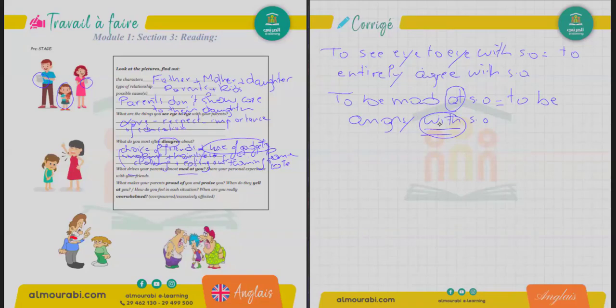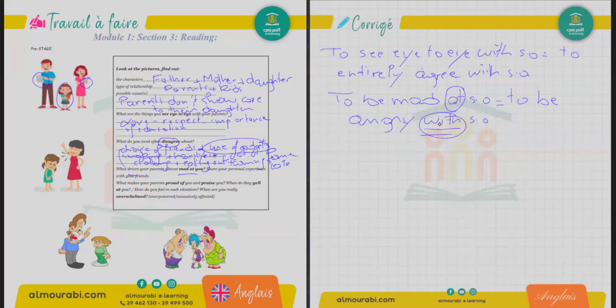Coming back home late, this is making your parent mad at you. Maybe your hairstyle, your clothes, they would make your parents mad at you. And the choice of the friends, some of your friends, they might not appreciate. So they might be mad at you, okay? Les choix des amis. Okay, that's mad or being angry with somebody.